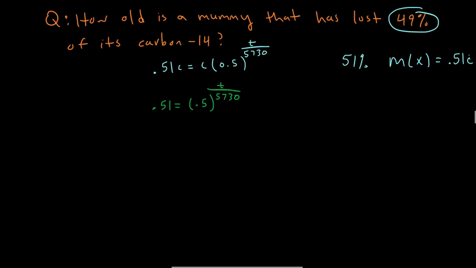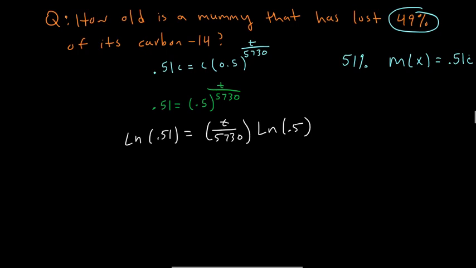So if I slap a natural log on both sides, I can say the natural log of 0.51 equals t divided by 5,730 times the natural log of 0.5. And this is, again, me putting a natural log on the right side of that equation and pulling the exponent down in front.